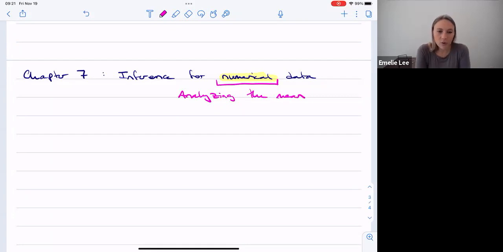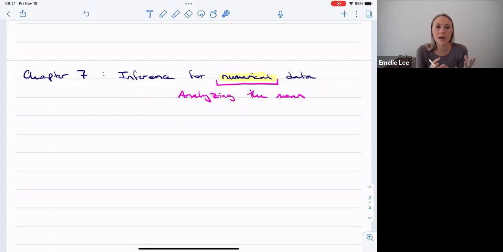Just like before, when we talk about inference, so what was nice with the chi-squared is there were no confidence intervals involved, right? We were just doing full-blown hypothesis tests. State your hypotheses, do the test, find the p-value, state your conclusion.